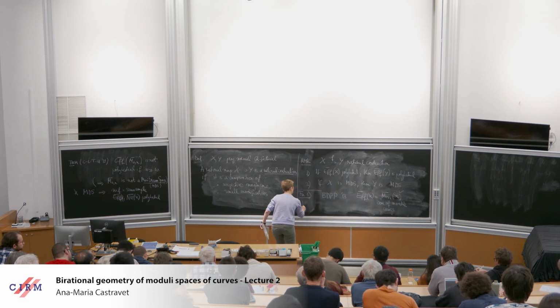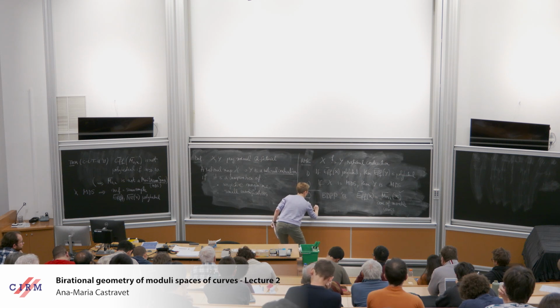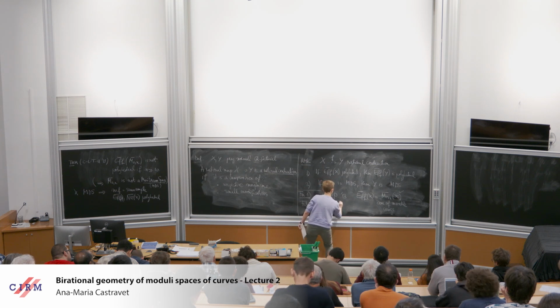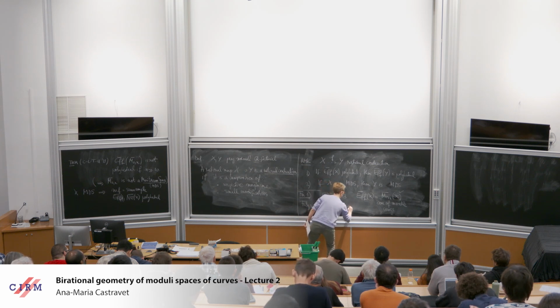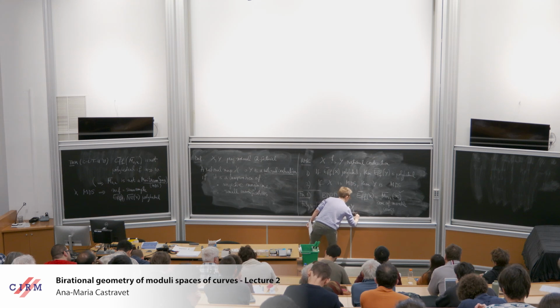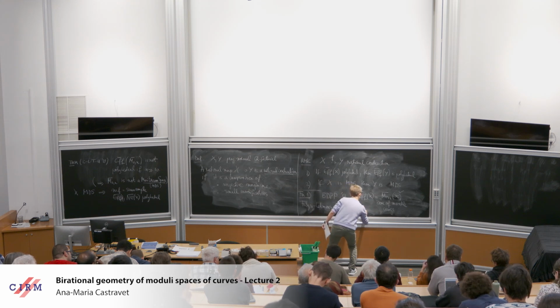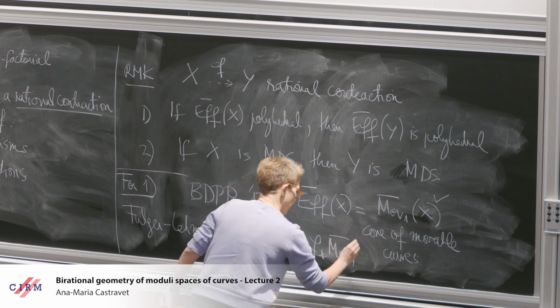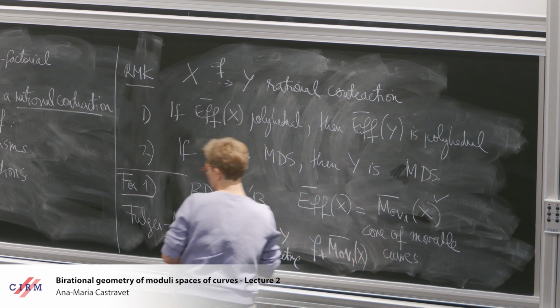And then, for example, Fulger and Lehmann show that if you have a surjective morphism, then the image of the movable cone of curves is the movable cone of curves.